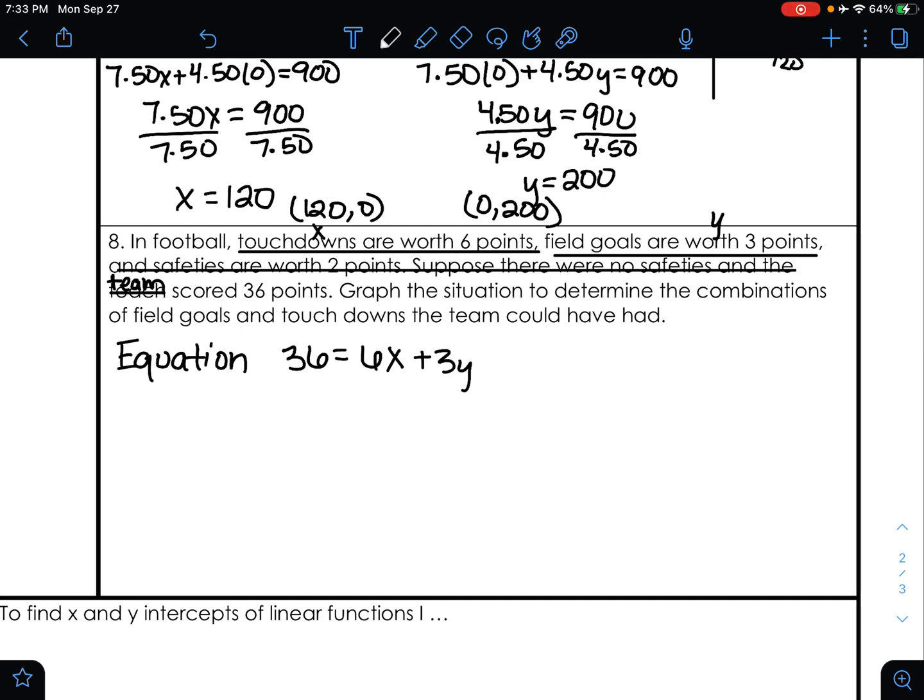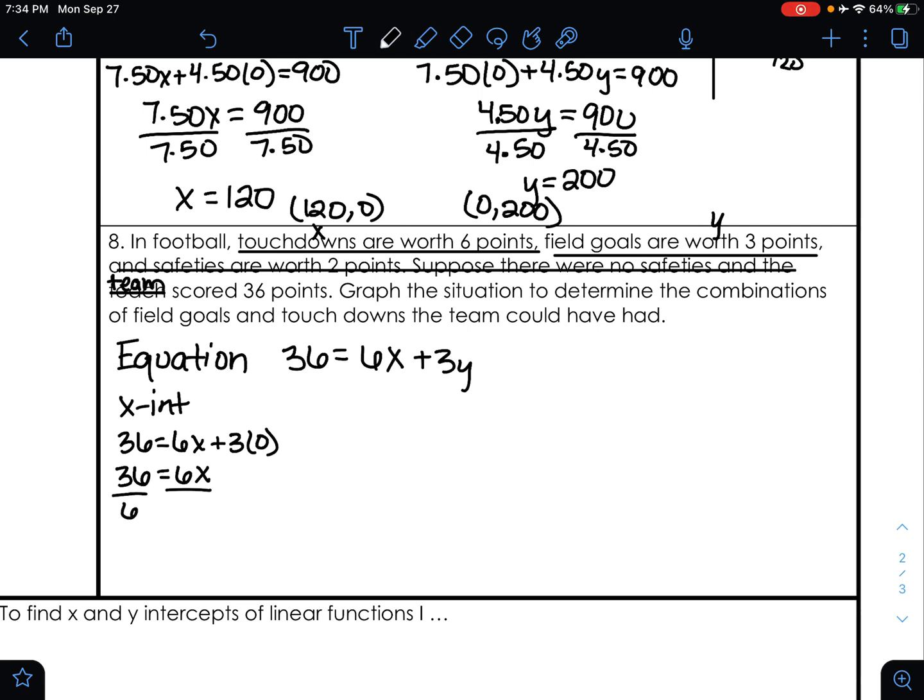So if I want to know how many touchdowns my team could score without any field goals, what I want to do is find the x-intercept. So if I find the x-intercept, it would be 36 equals 6x plus 3 times 0. I plug in 0 for y. So when I do that, I get 36 equals 6x.